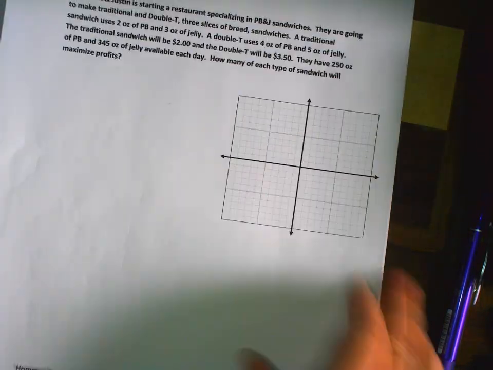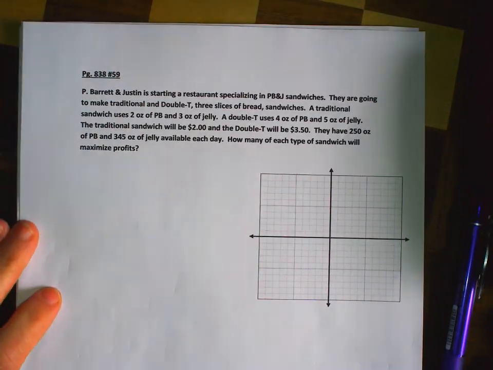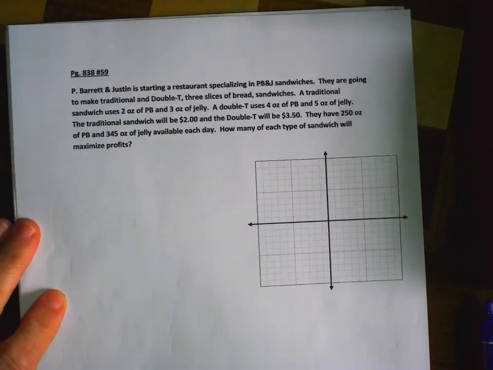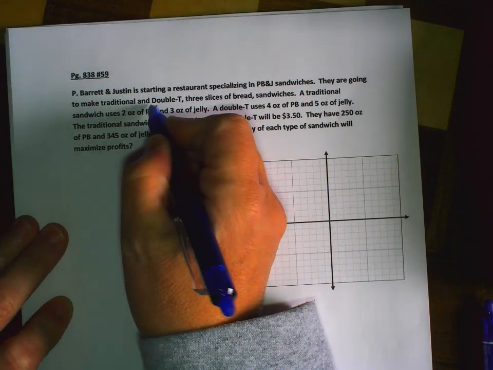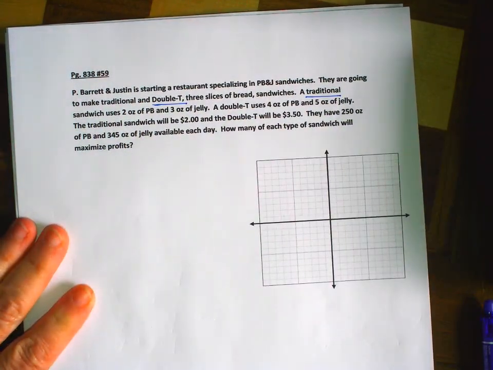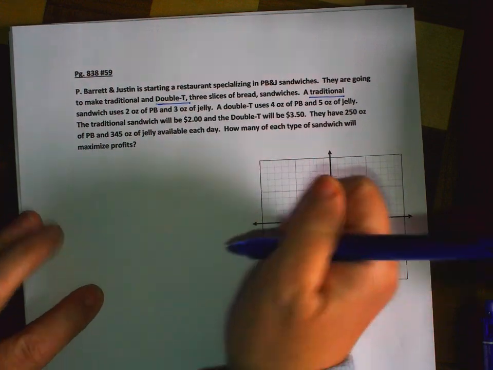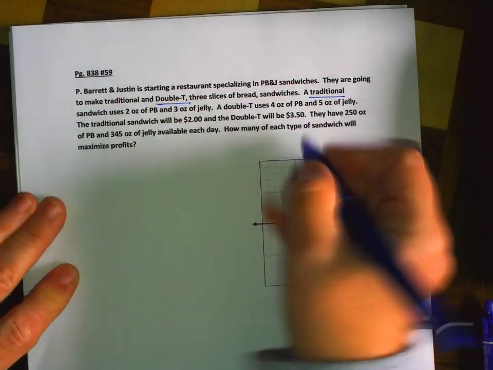Okay. This time we've got a restaurant that's specializing in peanut butter and jelly sandwiches. And they've got two kinds, the double T and a traditional sandwich. First thing I've got to do always is identify my variables. And we want to know how many of each type of sandwich will maximize the profits.